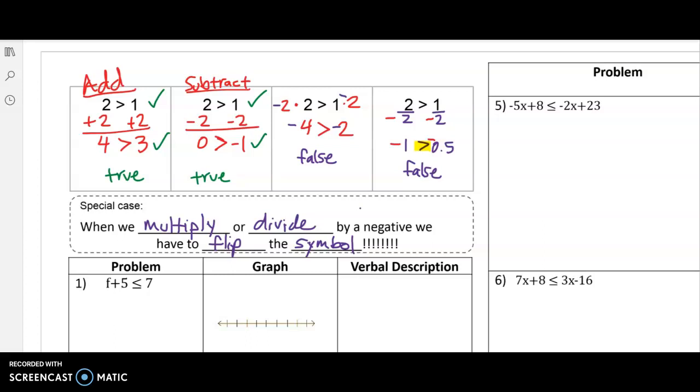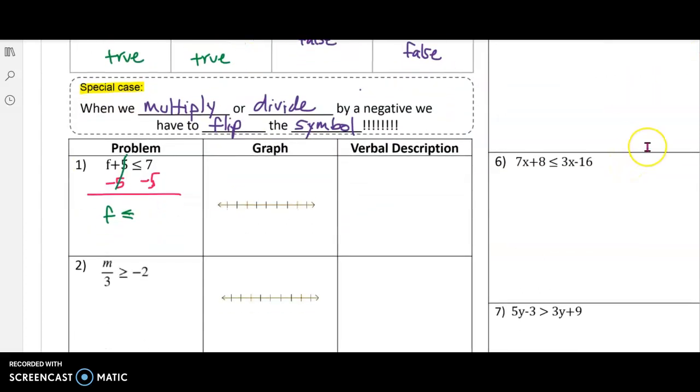So we're going to start with the first one. To solve for f, we subtract 5 from both sides to get f alone. It's a very basic problem. 5 minus 5 is 0. The symbol stays the same because I didn't multiply or divide by a negative. Keep in mind, you want to keep this highlighted up here, this special case, so that we know to go back to it.